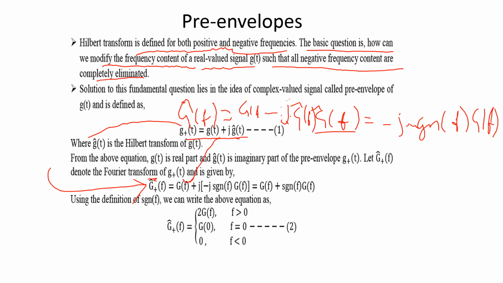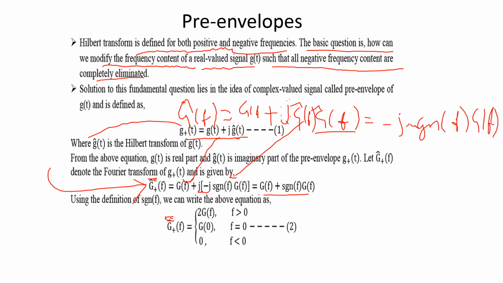Here it is plus, sorry. So in place of g cap of f, we substitute the value of minus j signum of f into G of f. After multiplying plus j and minus j, this becomes plus, and G plus of f is equal to G of f plus signum of f into G of f.